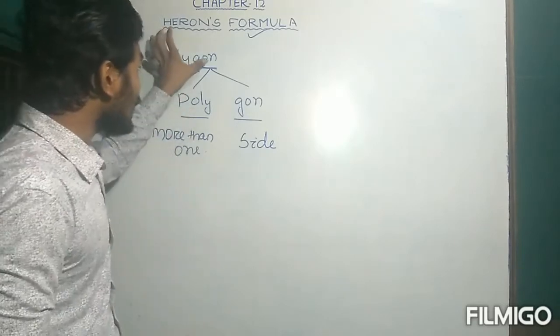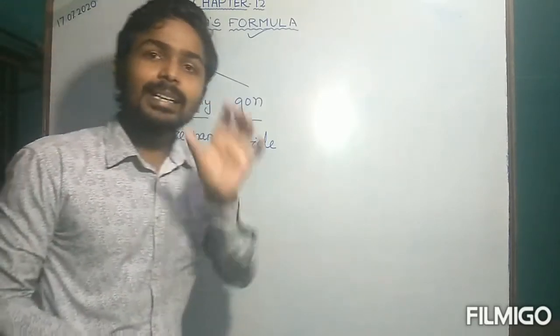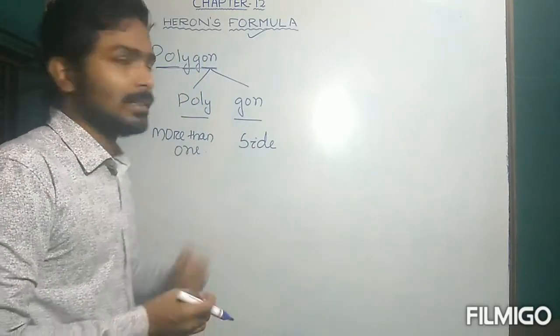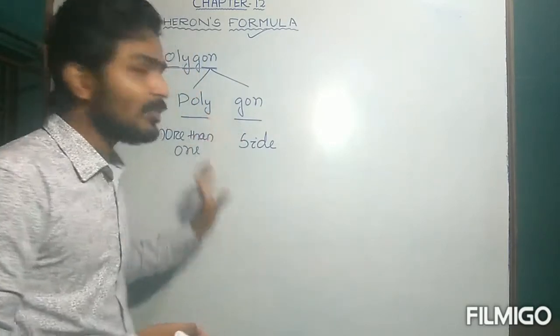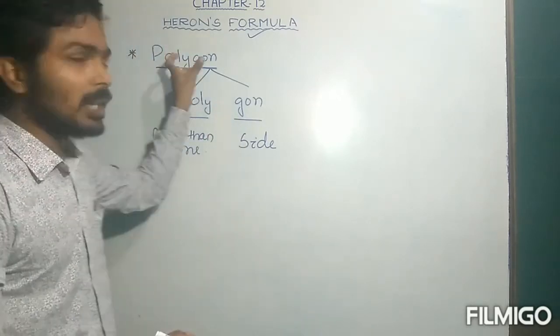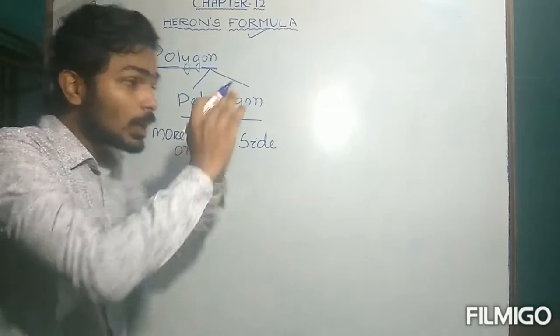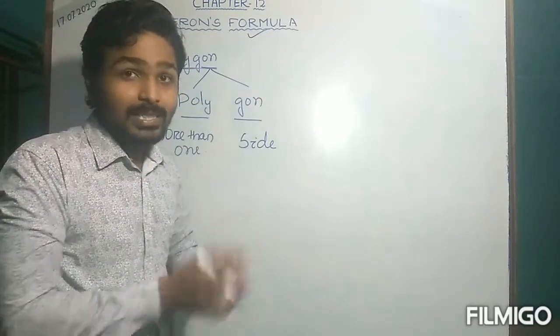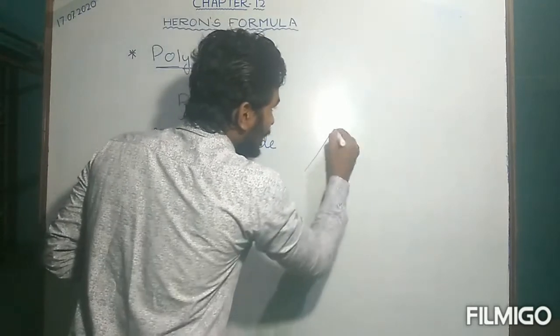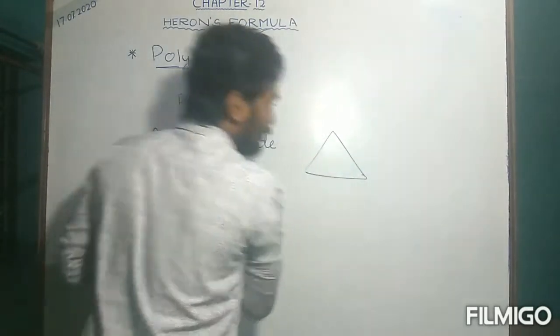Clear? So what is a polygon? A polygon is a geometrical figure, a figure which has sides. This is not the exact definition. Let me tell you the exact definition. The exact definition of a polygon is a closed figure. It is not an open figure, it is a closed figure. For example, I am taking a triangle.